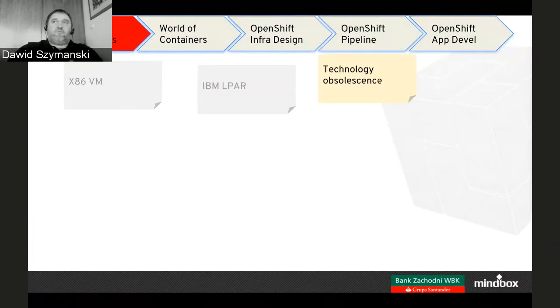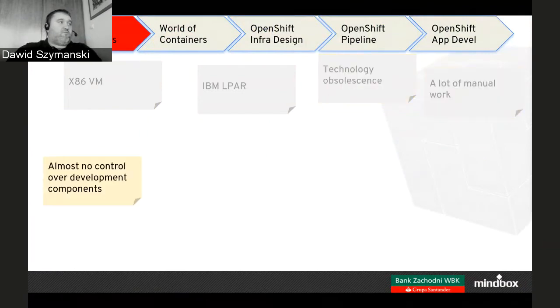We had because of this a lot of technology obsolescence, because as you may imagine, when we provide just virtual machines and we give them to our administrators, it's really hard to manage in a big organization when you have a lot of people working on these machines. So we had a lot of manual work.